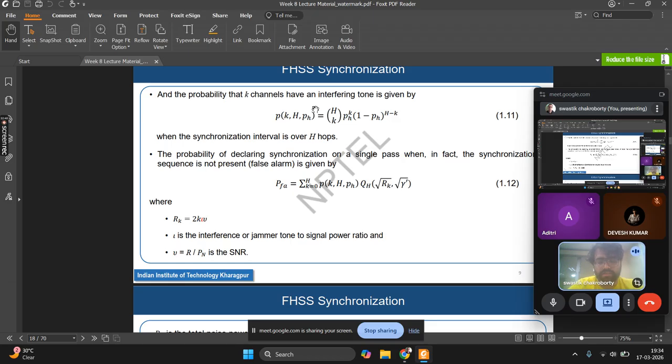That's why we will say that we cannot tolerate a probability of false alarm more than 10 to the power minus 5. We will design the system accordingly. We will make compromises on other parameters, but if the design says that PFA must be less than 10 to the power minus 5, we have to make it. So that is why the PFA formulation here is very important. We can work out the parameter values from this equation given a particular PFA.